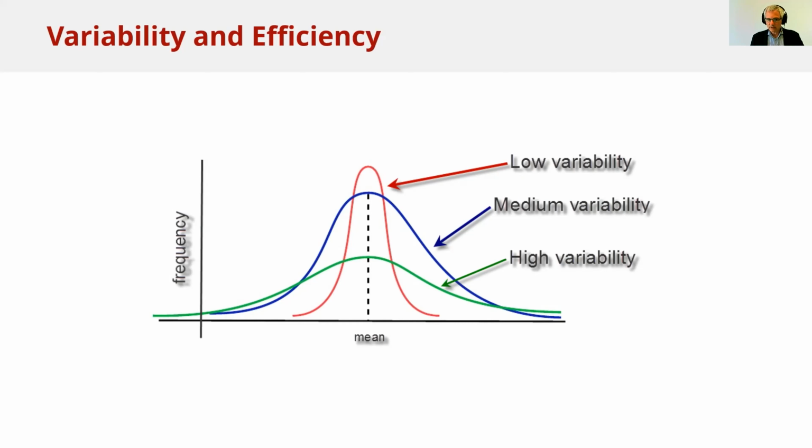Low variability is what we're after. In the red curve, it's highly likely that an individual's outcome will vary only a little from the population average. And a statistician's job is to design your study such that the estimate that we produce at the end of the study is going to have confidence intervals or distribution closer to what we see with the red curve than that we see with the blue or the green.